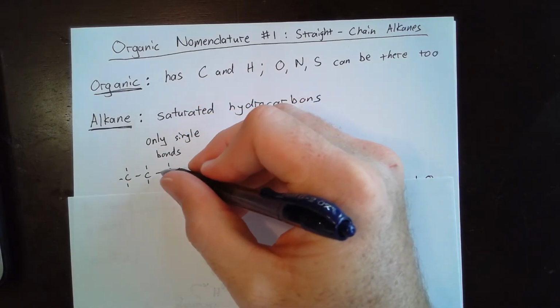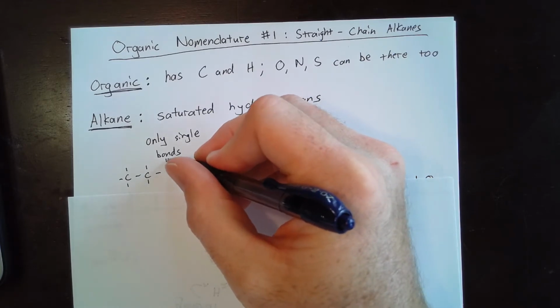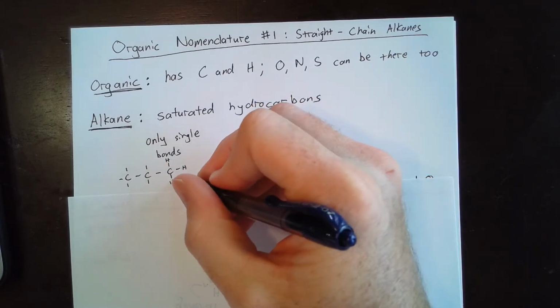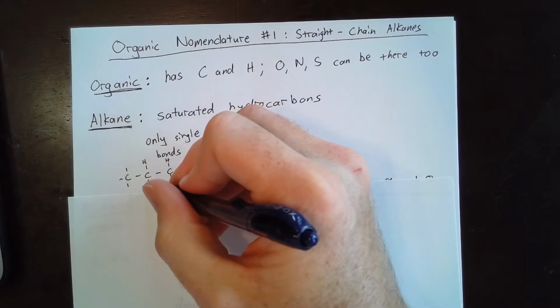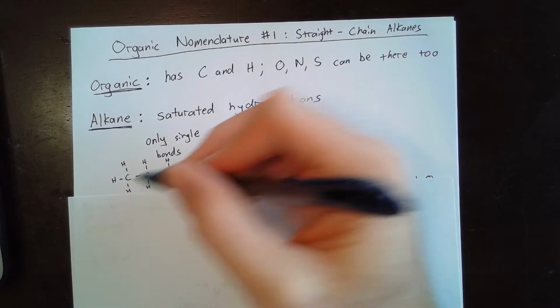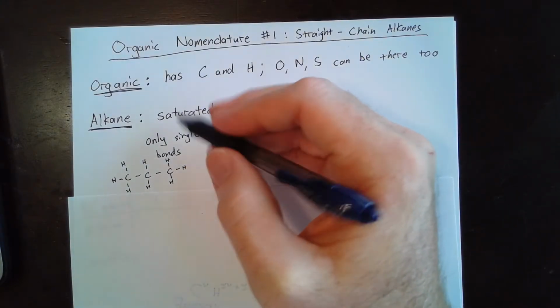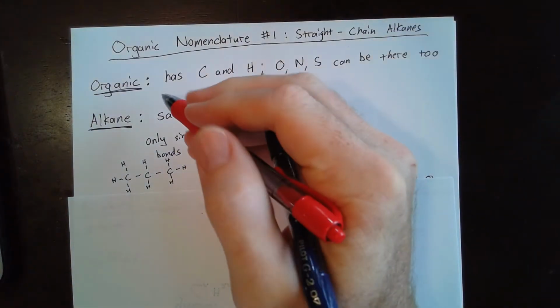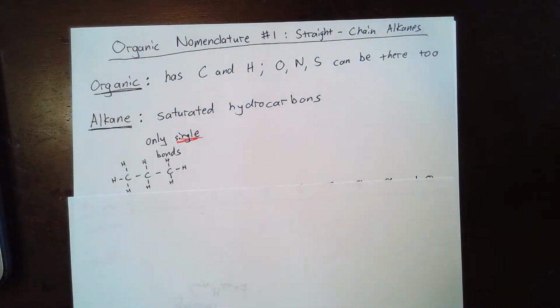And since carbon can only bond 4 times, it is saturated with hydrogen. That is where we get the name saturated from. Okay? So later on, we'll move to unsaturated. But we're talking about only single bonds right here. That's what a saturated hydrocarbon is.